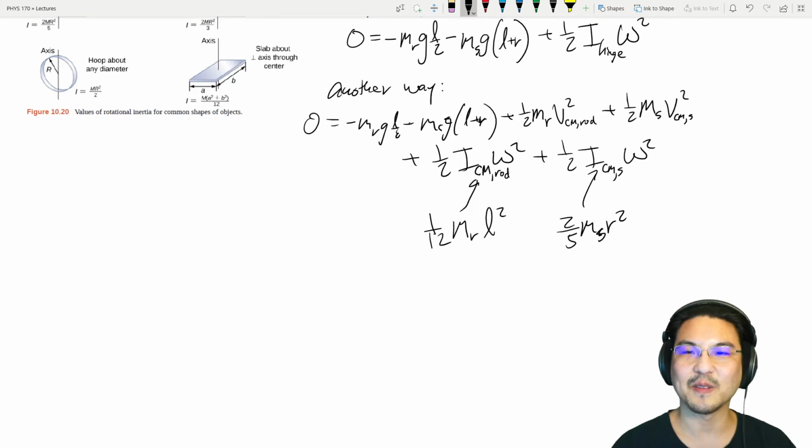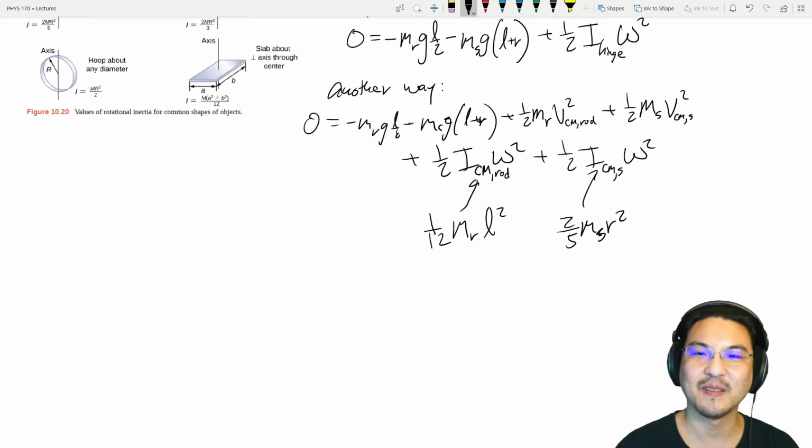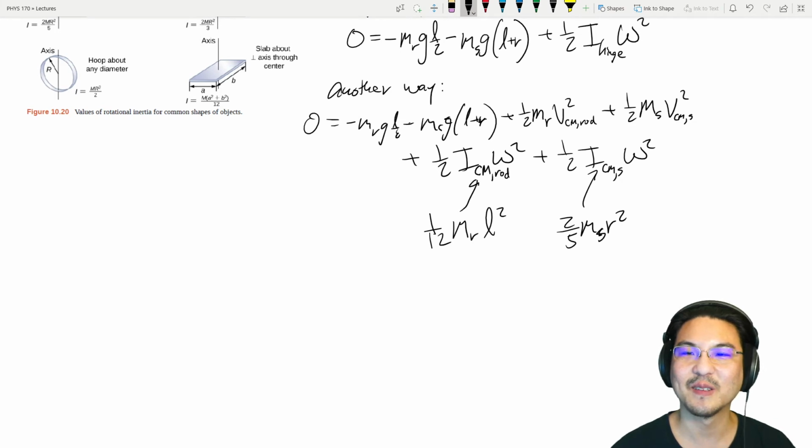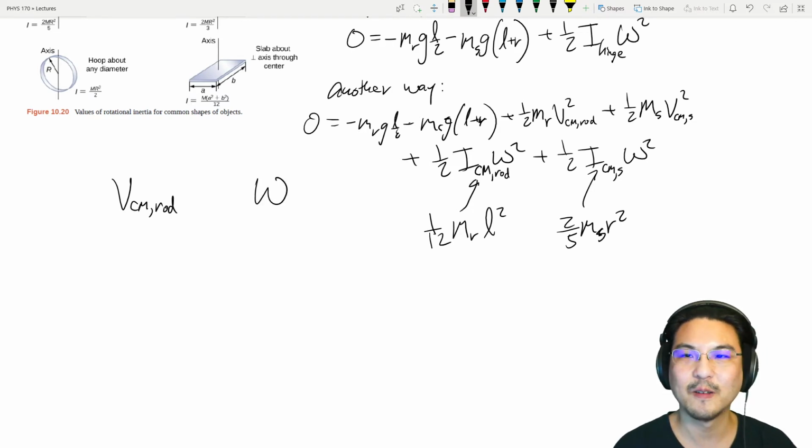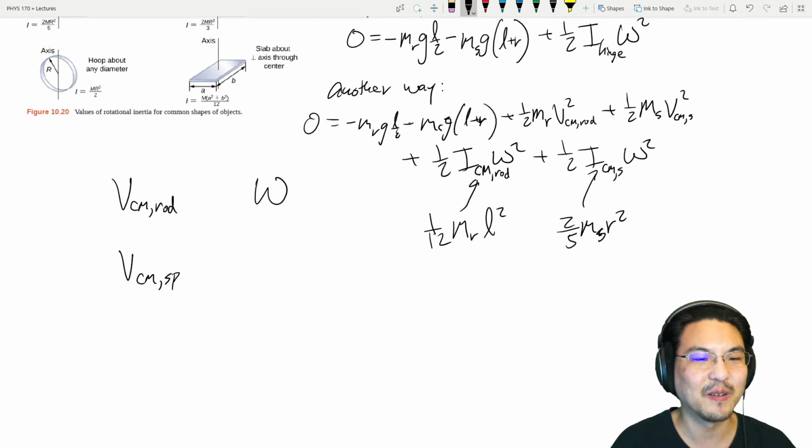And then, what's the relationship between the velocity of the center of mass of the rod and its angular velocity? What's the relationship between the velocity of the center of mass of the sphere and its angular velocity?